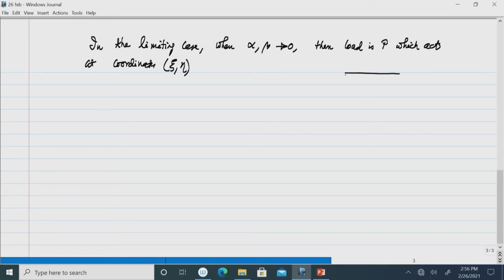Previously we had the distributed load. Now, instead of distributed load we have the concentrated load acting here, for example. So, P is acting here, and this location of P is defined by the coordinates ξ and η.